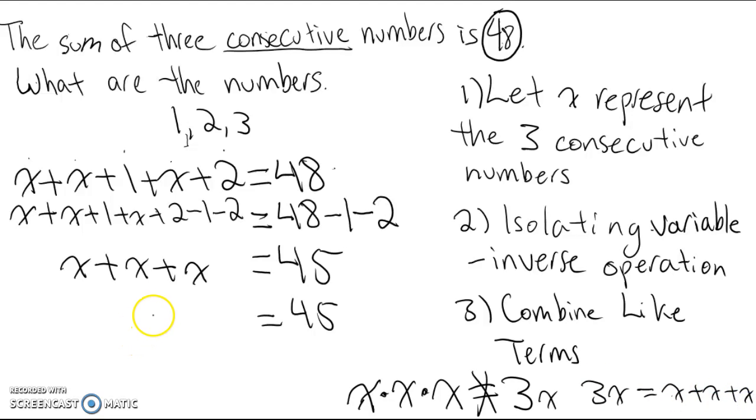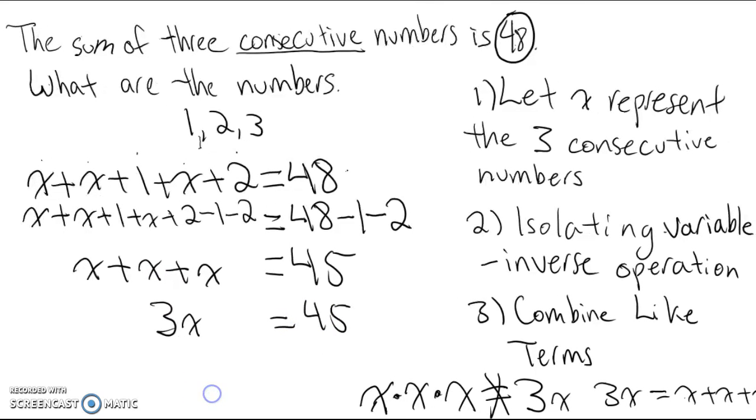Okay, now let's drop this down. 3x equals 45. Now, there's still one number right there. There's still this number. You're going to try to isolate it. We're going to try to cut it off.